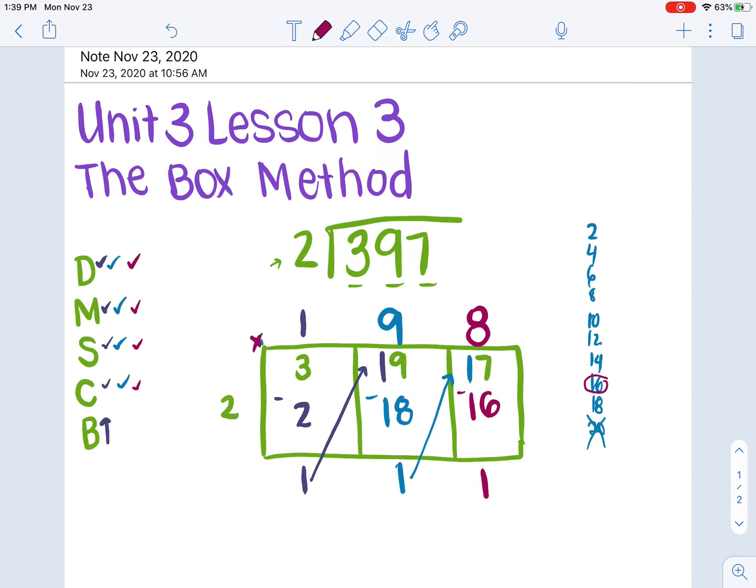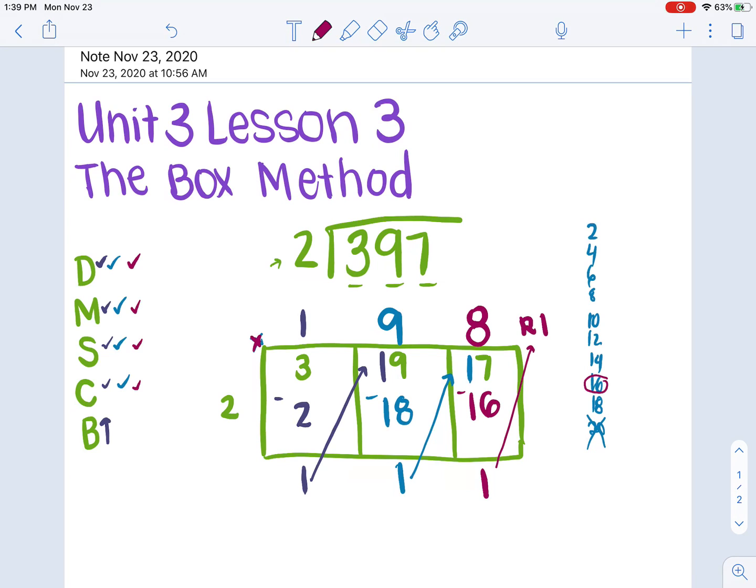Check. Is 1 smaller than 2? Yep. Now this time, just like we would the remainder, I am going to bring this up because that little 1 becomes my remainder. So there are so many similarities between the long division method that your parents are familiar with and the box method.